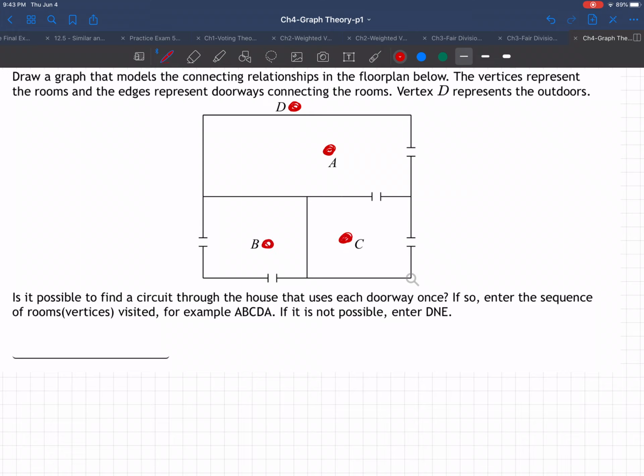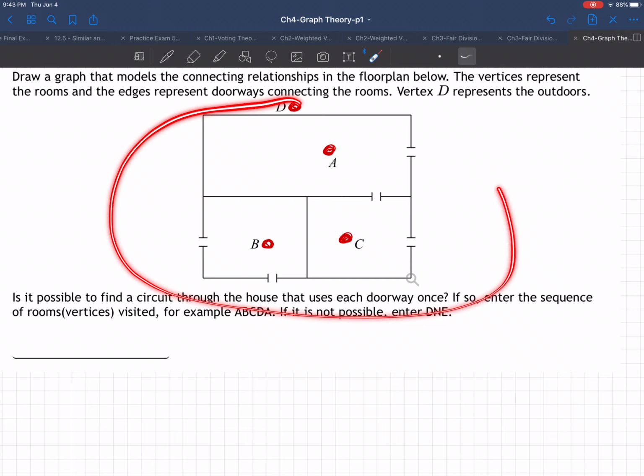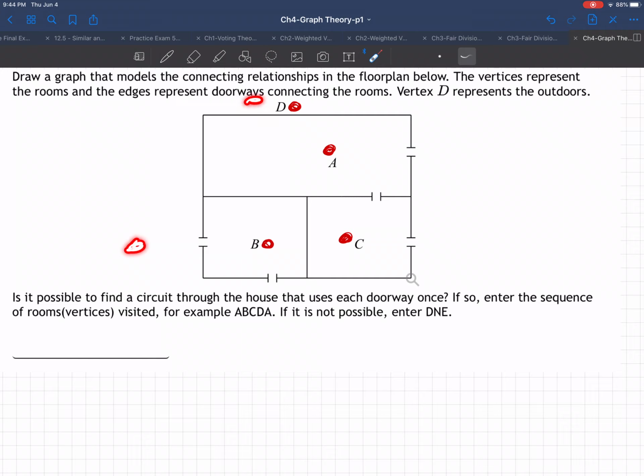So each of the rooms and the outdoors, D. Remember D represents all outdoors. That D is everywhere outdoors. It's not different to be over here outdoors than up here outdoors, or over here or down there. Those are all one place. You can put D over here, down here, up there. D is all the outdoors, is what they're saying. So it's just one place, all outdoors.